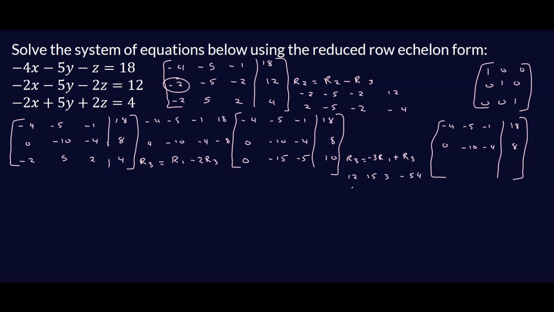And then row 3 we have 0, negative 15, negative 5, and then 10. So what we're saying is negative 3 row 1 plus row 3.